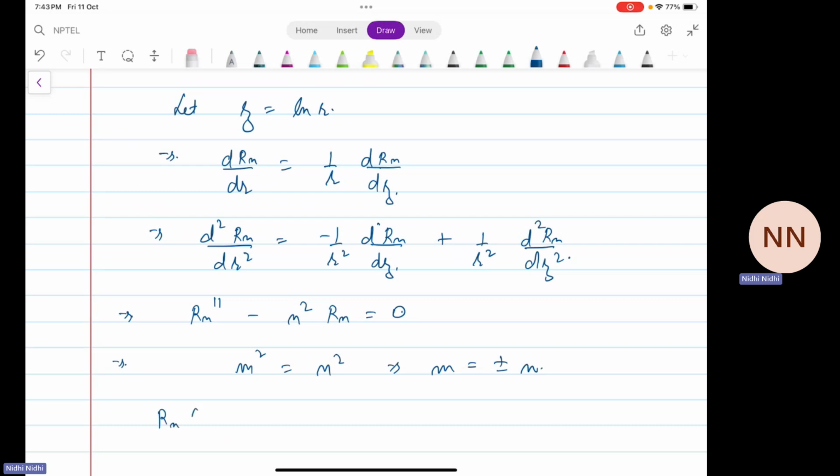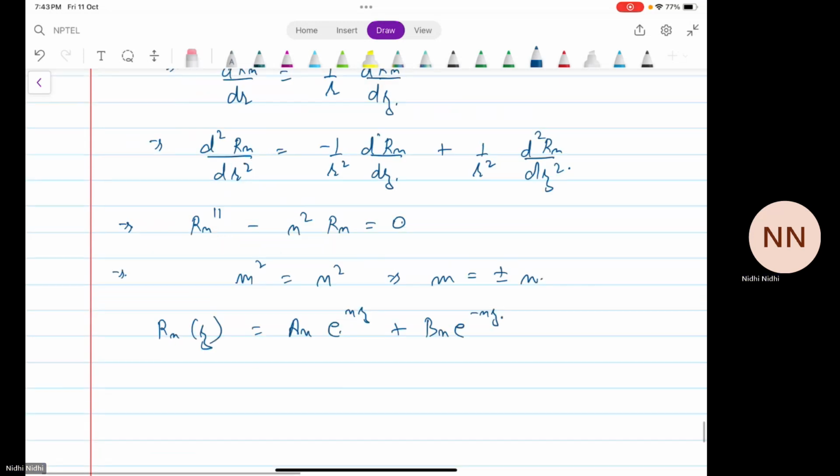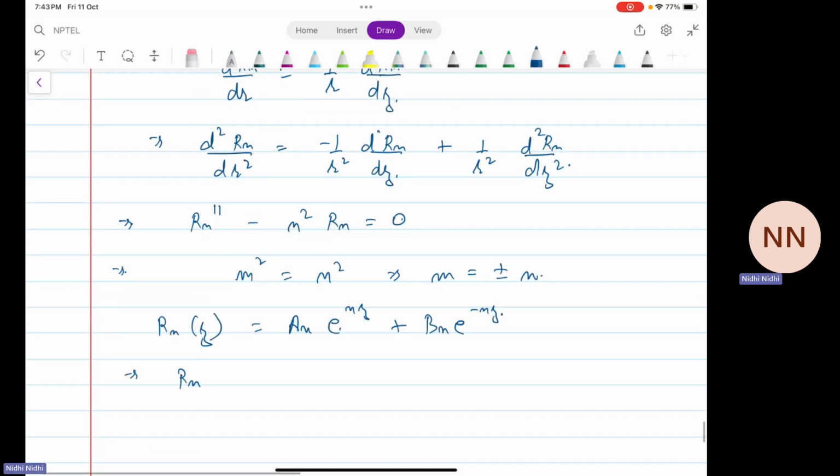So we get Rn depending on variable z is equal to An times e to the power nz plus Bn times e to the power minus nz. Now we know that e to the power z is r. So from here we get R of r is equal to An r to the power n plus Bn r to the power minus n.